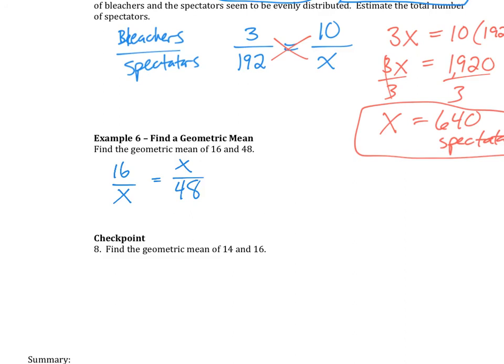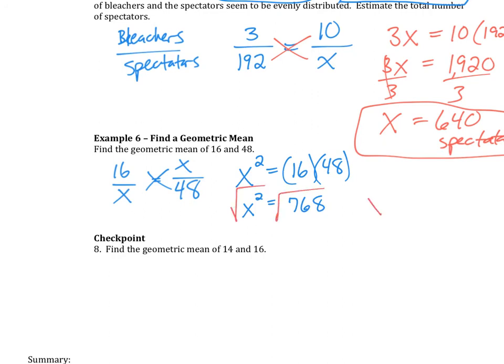When we cross multiply, x times x is x squared, and that's going to equal 16 times 48. So we will get x squared equals 768. And then to get x squared alone, you take the square root. So x equals 27.7.